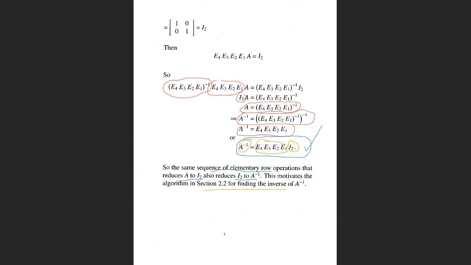How many think that's really pretty cool? It's a little bit theoretical, but I just wanted to have a little example to motivate why the algorithm for finding the inverse works.